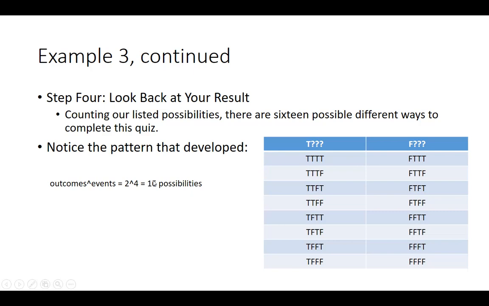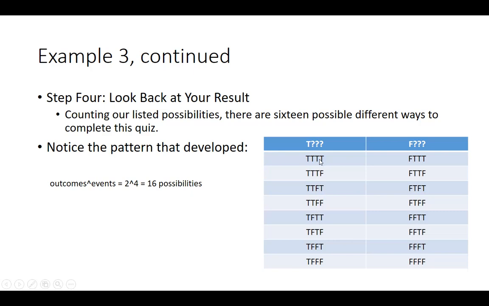So if we were to figure out outcomes raised to events, that there's 2 to the 4th, 16 different possibilities, we would write out 16 spaces, and starting from left to right, half true, half false. And then of the ones that were true, half of those are true in the 2nd spot, and half are false in the 2nd spot. And then of the ones where the 2nd column was true, half of those are true, half of those are false.